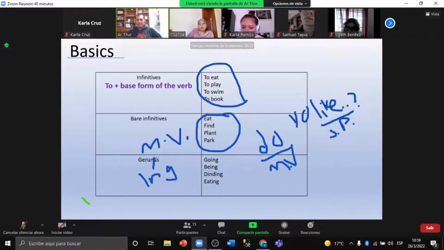So these are the infinitives, and those are the ing forms. Questions until here?